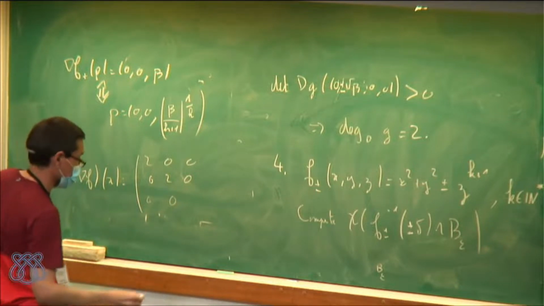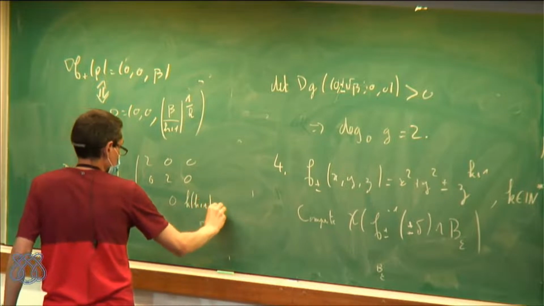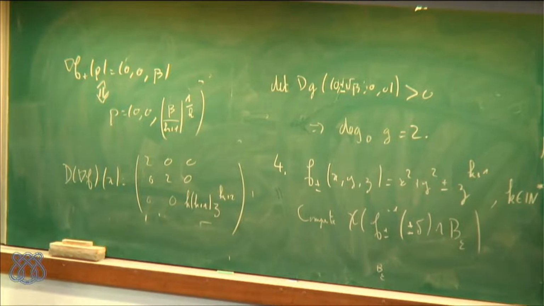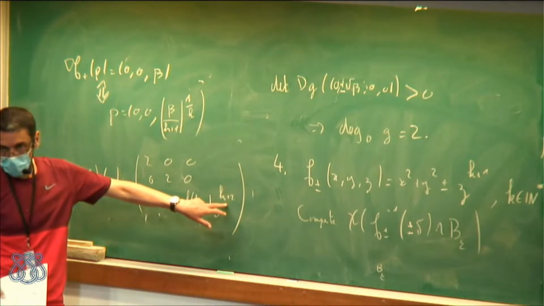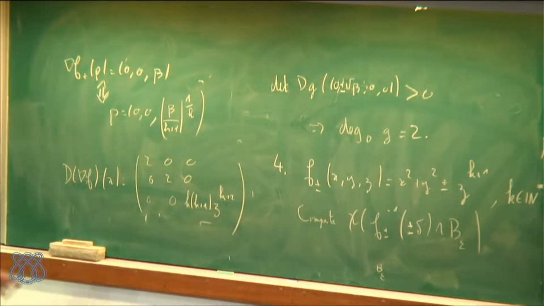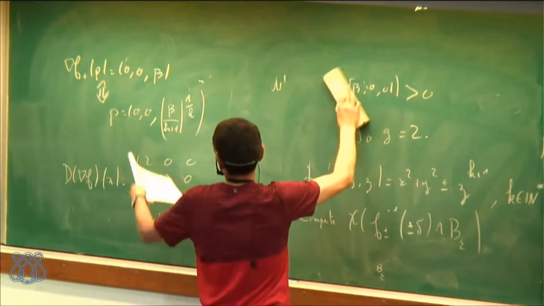Okay, so yes. So you see here, the exponent is even. So the sign is always positive. The sign of the determinant, if z is not 0.